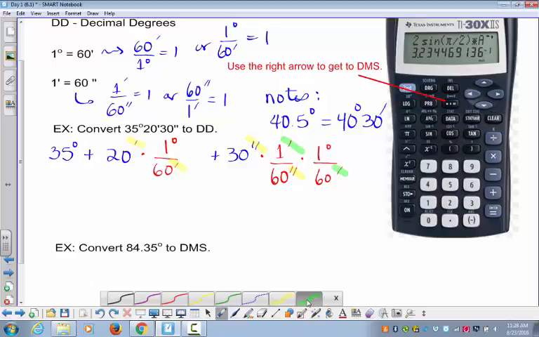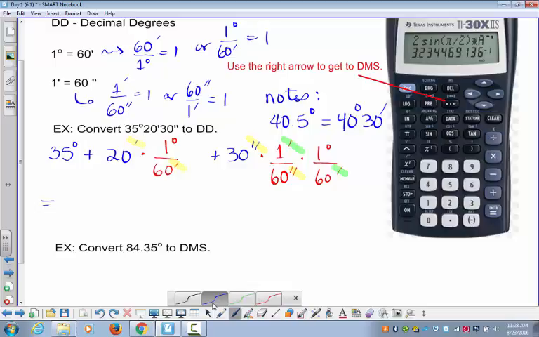It's not always going to be easy to just add that up in your head. Typically, at this point, you're just going to type it in your calculator. So here we have 35 plus 20 divided by 60, or 1 divided by 3, plus 30 divided by 3600.